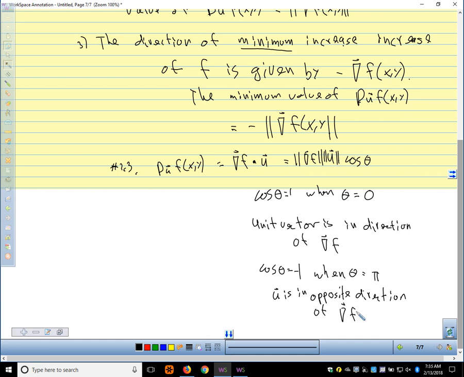A vector orthogonal to the gradient is going to give us no increase. So that means we're walking around a level curve of our surface at that point. We're going steepest downhill this way, we turn 90 degrees, we're going level. So orthogonal to the gradient gives us no increase. Another important property of the gradient.